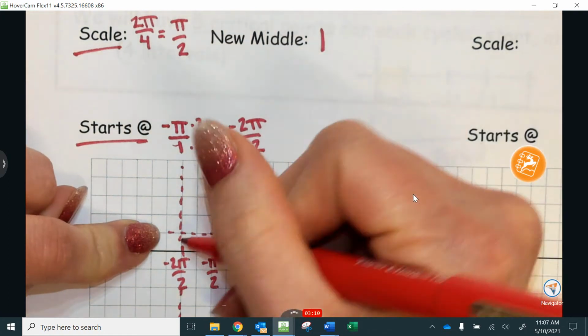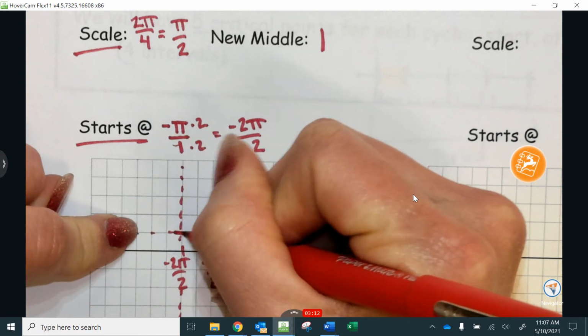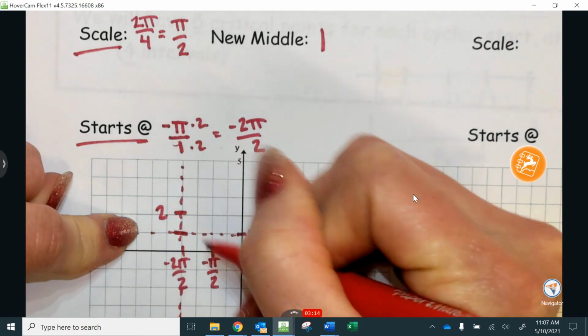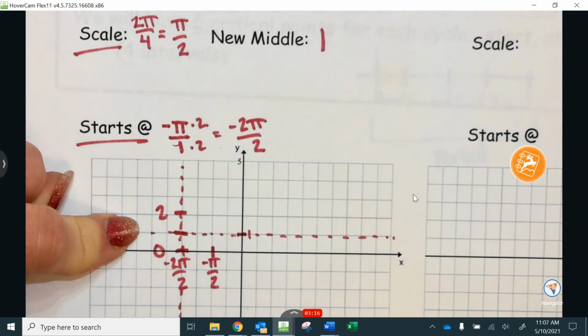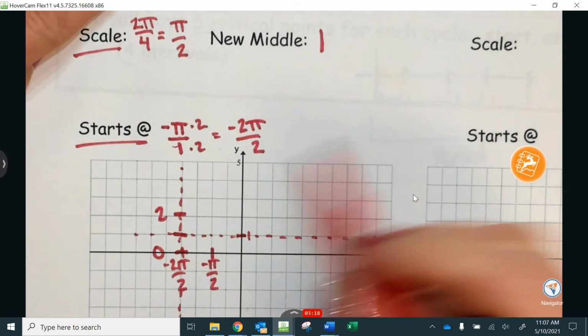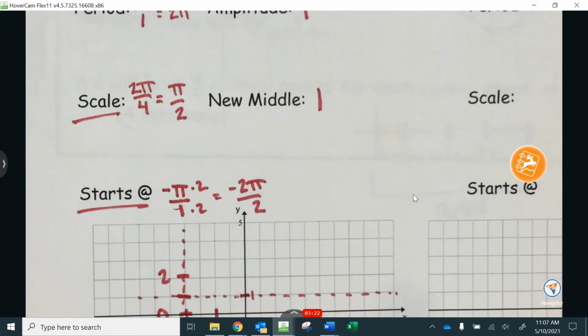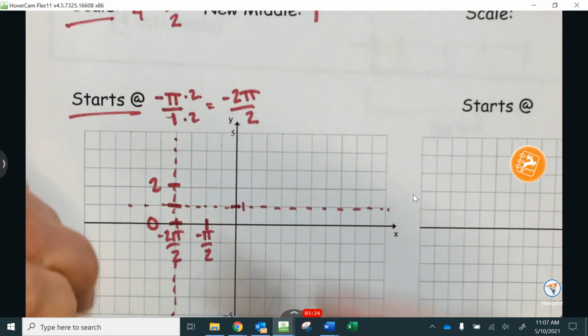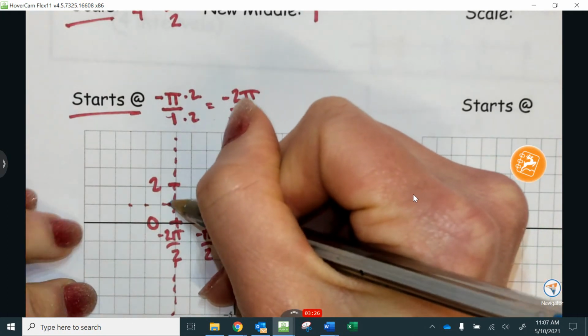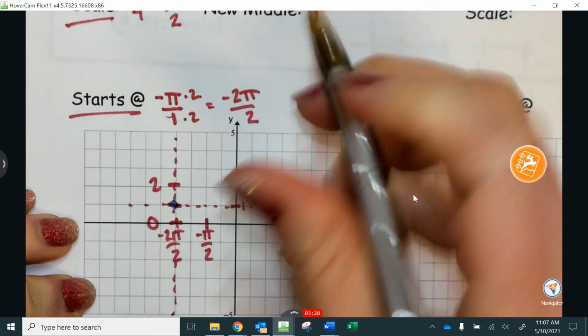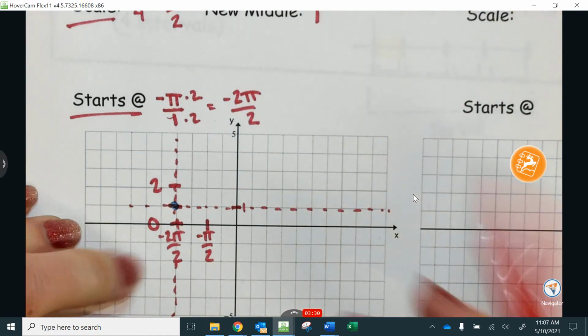It's a little bit confusing. So my amplitude, here's 1, so I go up to 2 and down to 0. So it's sine, so that means I start at the middle. Oh, I haven't finished my graphing.